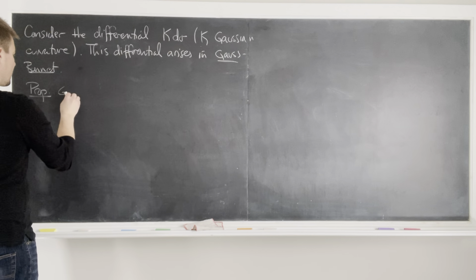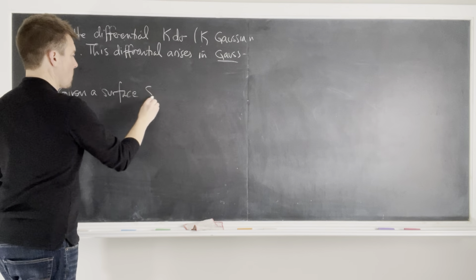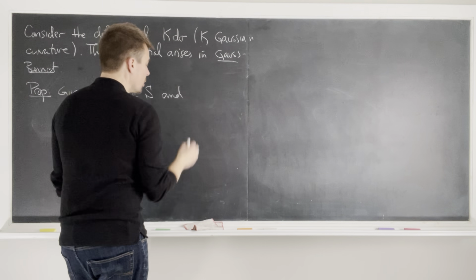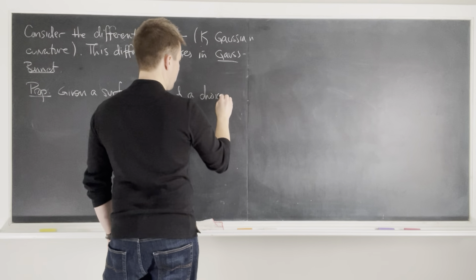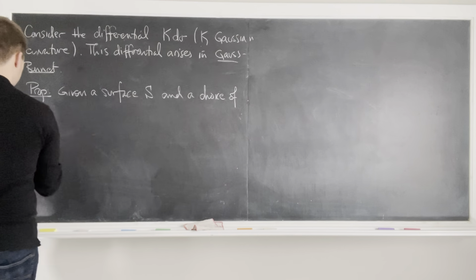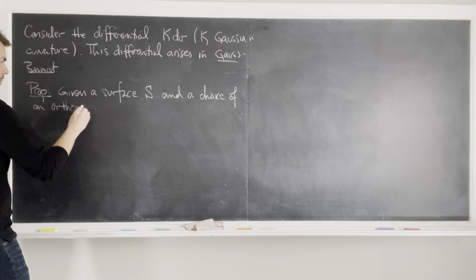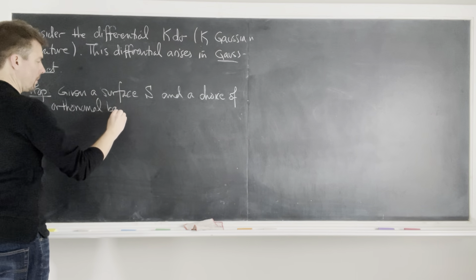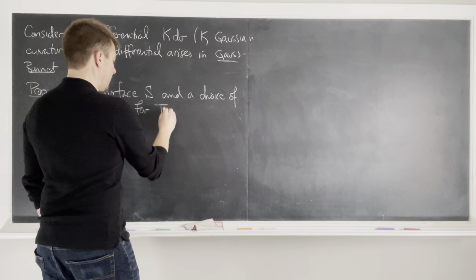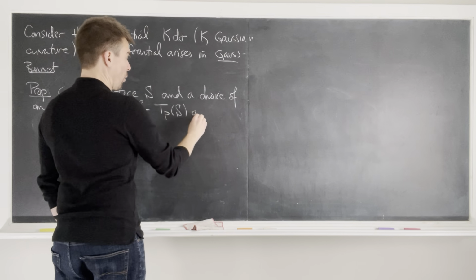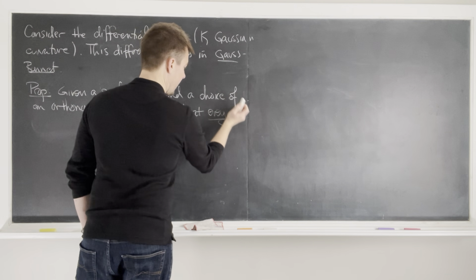It says, given a surface and a choice of an orthonormal basis for the tangent space, TpS, at every point p.